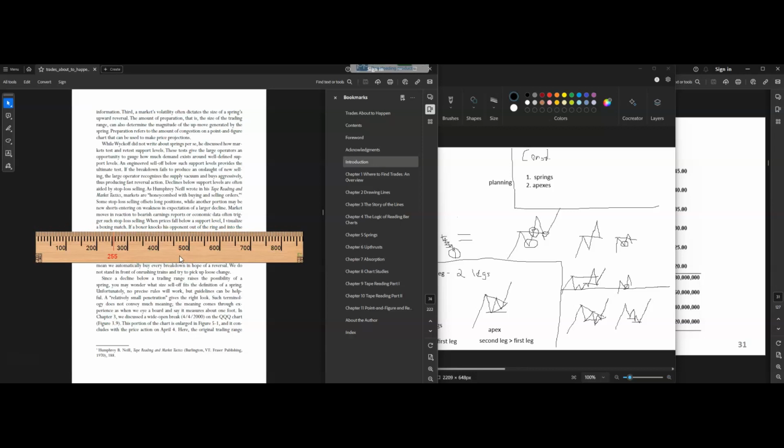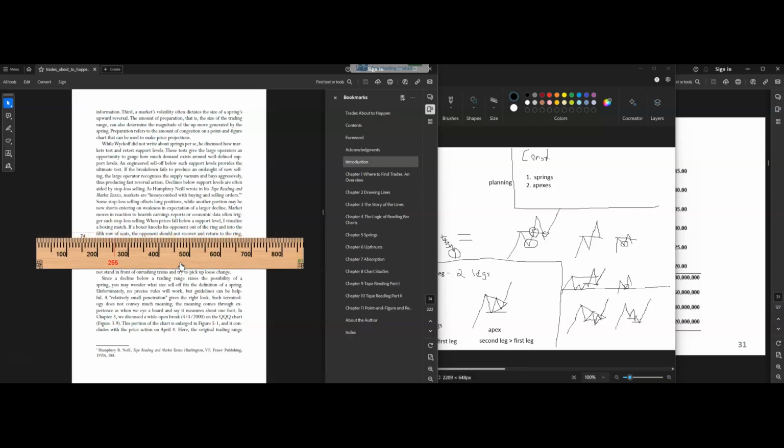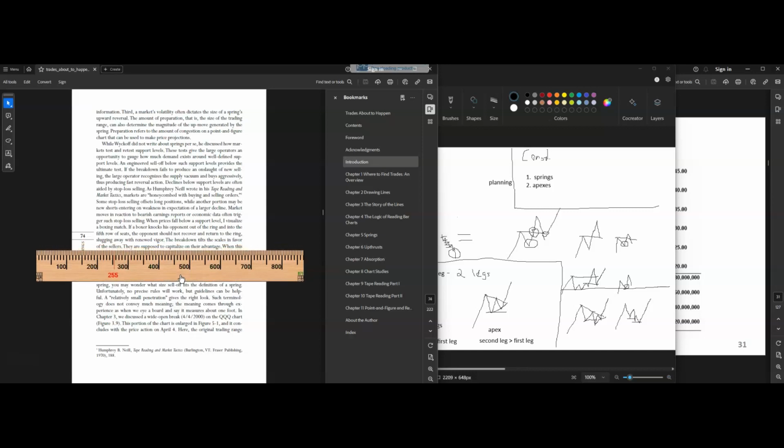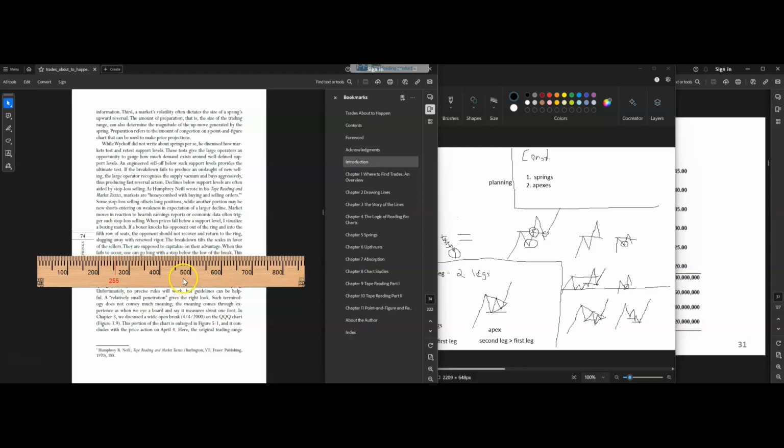If a boxer knocks his opponent out of the ring into the fifth row of seats, the opponent should not recover and return to the ring, slugging away with renewed vigor. The breakdown tilts in favor of the sellers. They're supposed to capitalize on their advantage. When this fails to occur, one can go long with a stop below the low of the break.